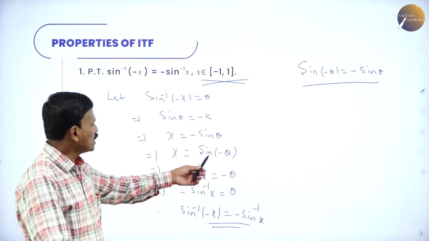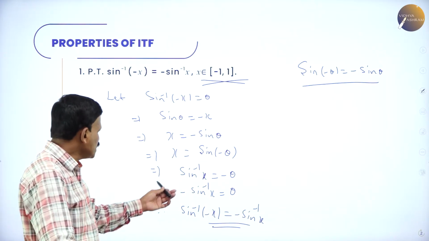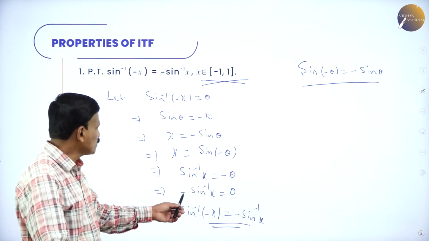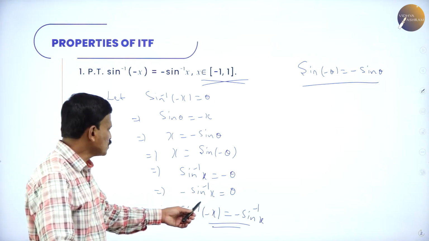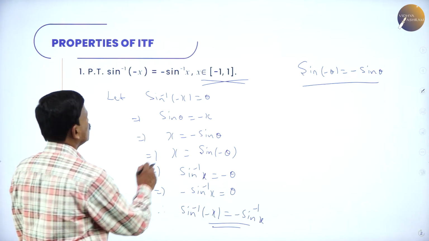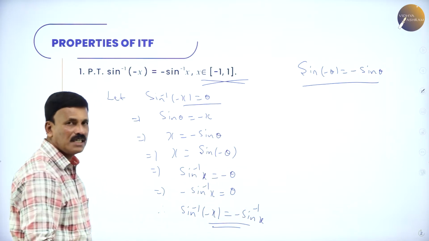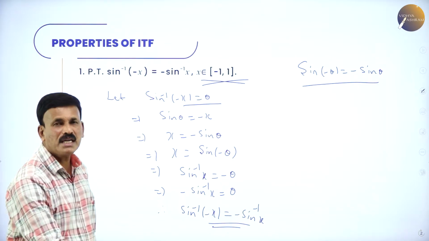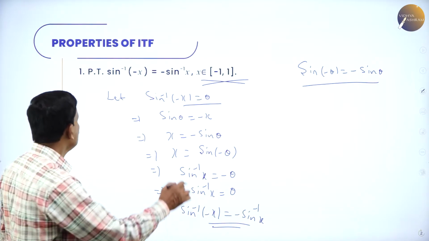So x is equal to sine of minus theta implies sine inverse x is equal to minus theta. Just multiply by negative sign: minus sine inverse x is equal to theta. Therefore, substitute the value of theta. Theta is nothing but sine inverse of minus x. Sine inverse of minus x is equal to minus of sine inverse x. This is the first property.